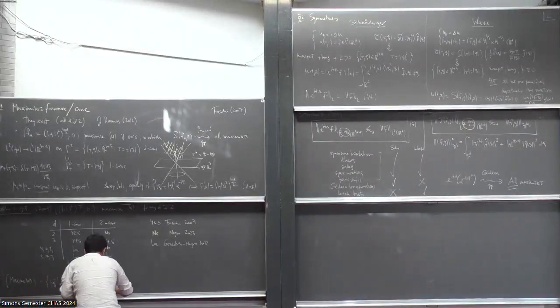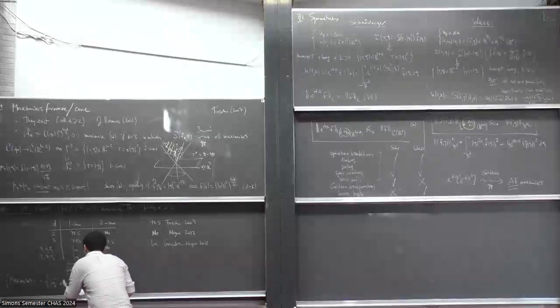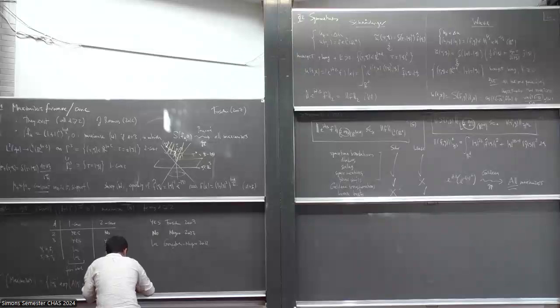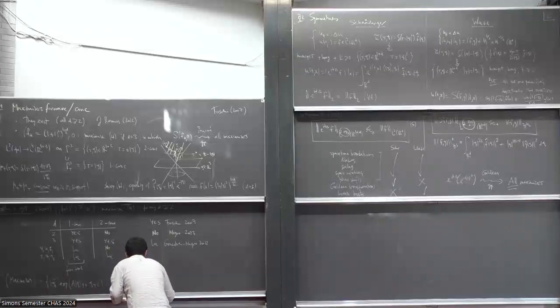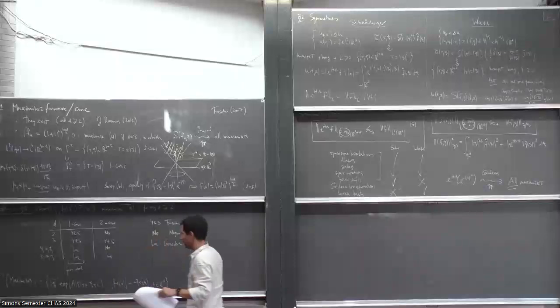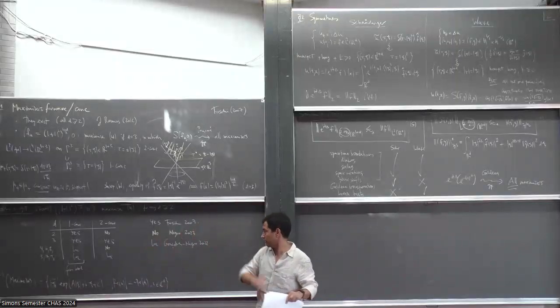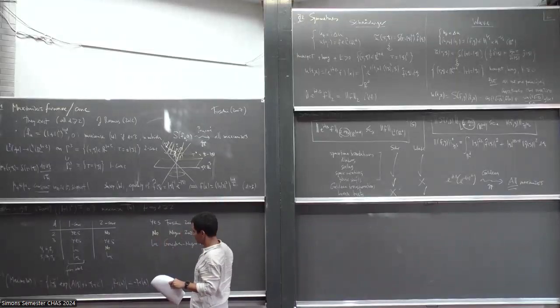Here, b is a complex vector with real part less than minus the real part of a, so that these functions have good integrability properties, and c is a general complex number. So this is the complete set of maximizers when d is 3.